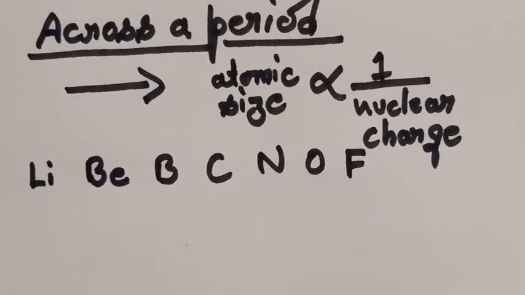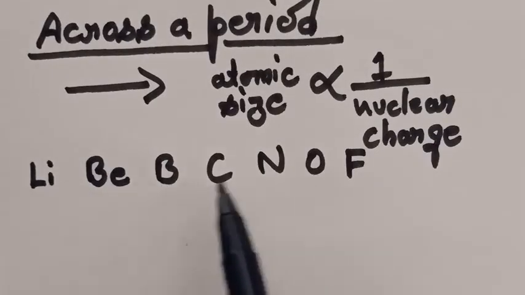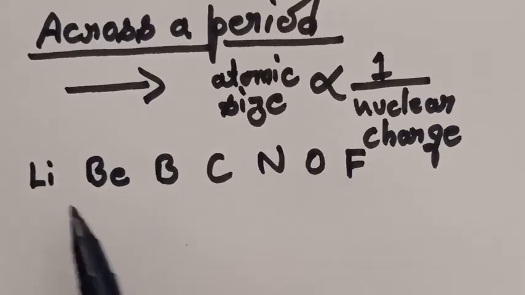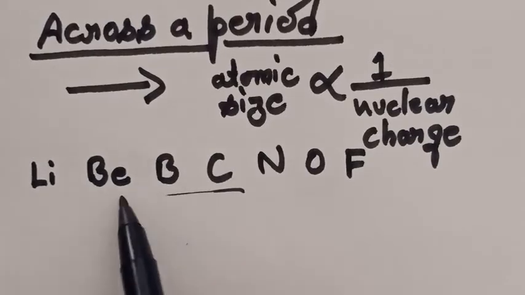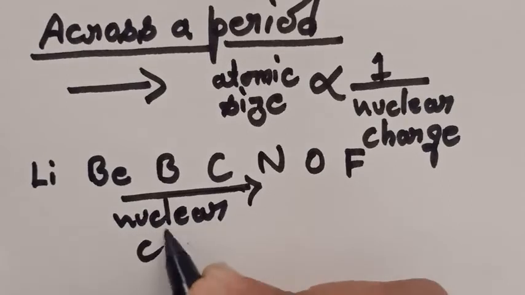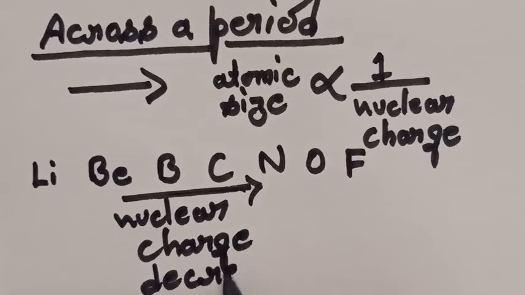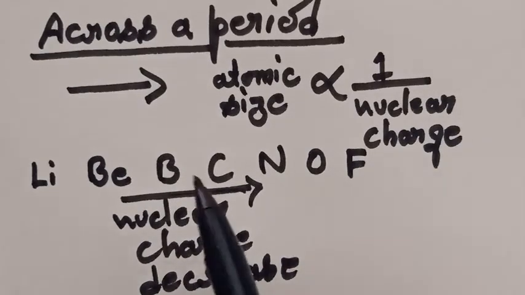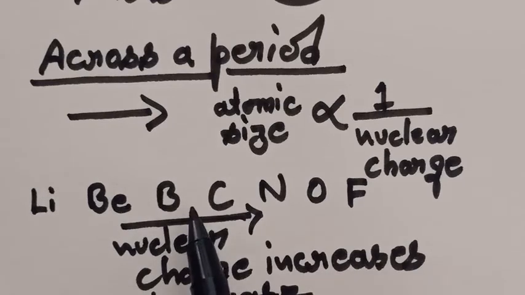For example, in the second period, if we are moving from left to right, there are lithium, beryllium, boron, carbon, nitrogen, oxygen, fluorine. While moving left to right in a period, the nuclear charge increases, so the atomic size decreases.